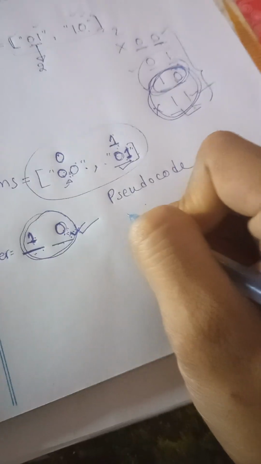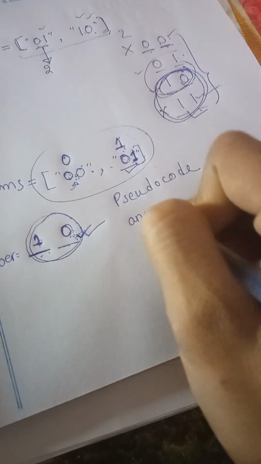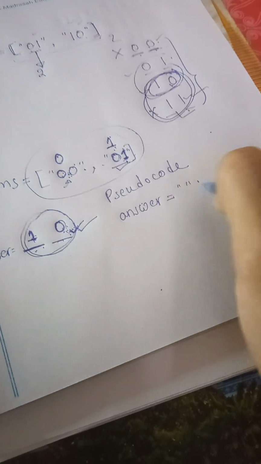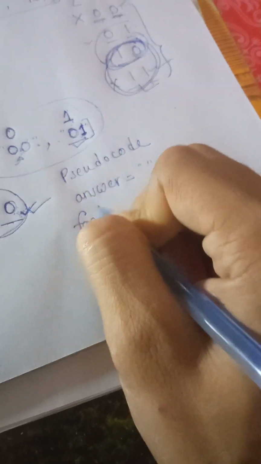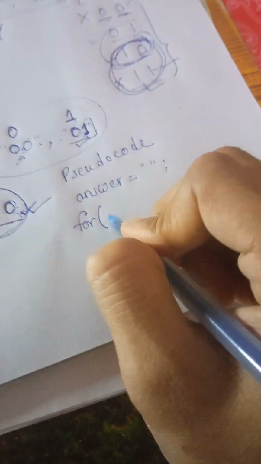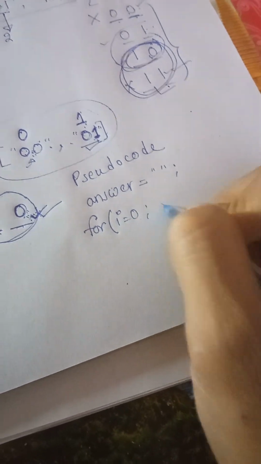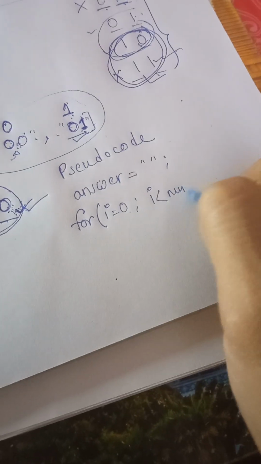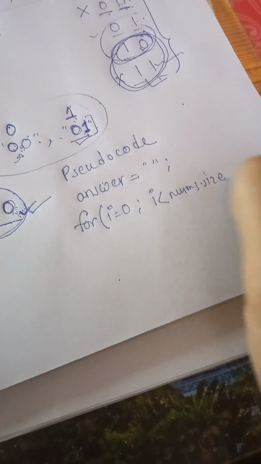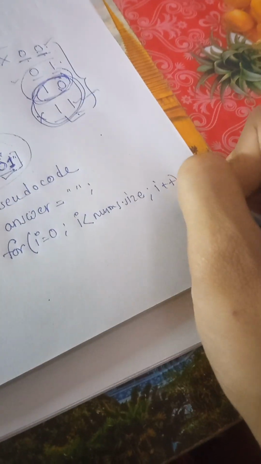If I write the pseudocode, it would look like this. You have to initialize your answer string with an empty string, then iterate through the given array of strings. You can iterate like i equal to 0, i less than nums.size, and i plus plus.